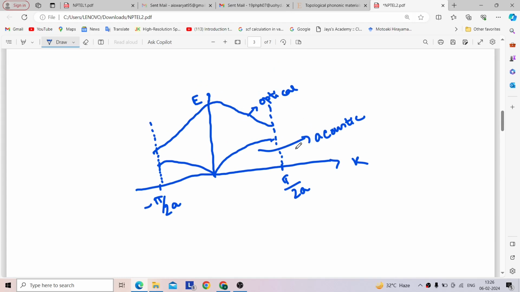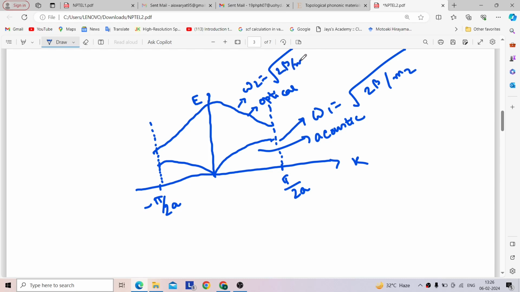So here there are two omega values coming, right? So for this case, if you just see the theory of this type of diagram, then we can find the theory will be like having omega 1 equals root over 2 beta divided by m2, and for this case it will be, let's say, omega 2, which will be root over 2 beta divided by m1.